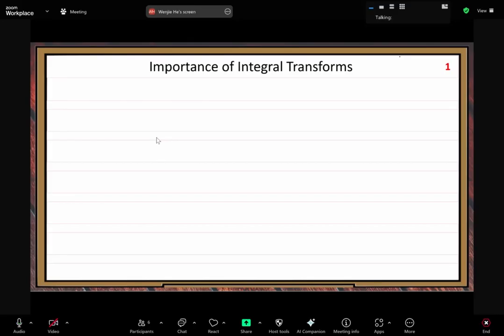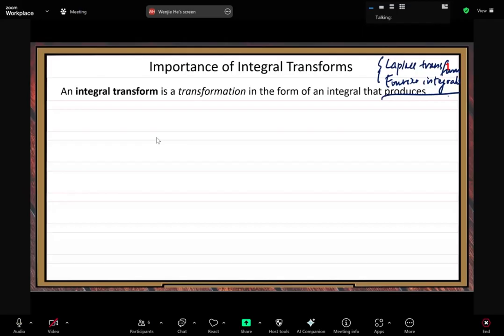So here we want to use our understanding of the Laplace transform and the Fourier integral to help us understand this topic.